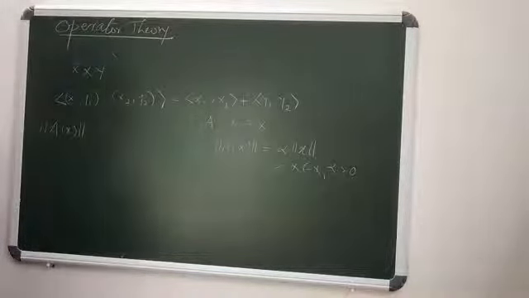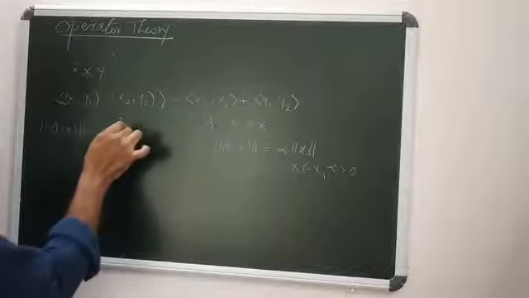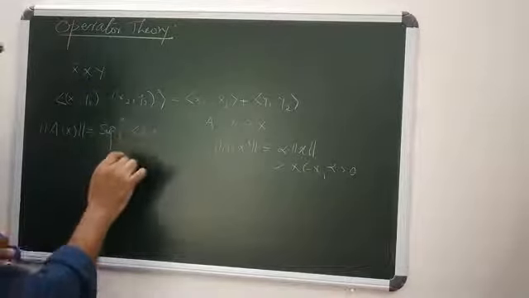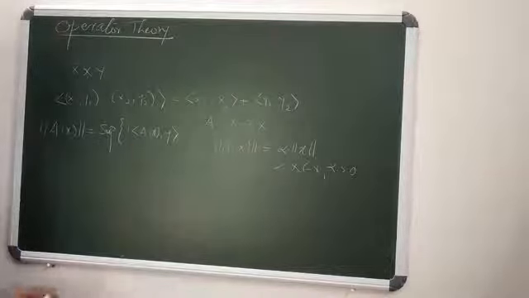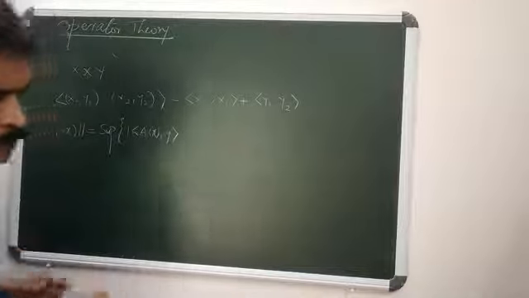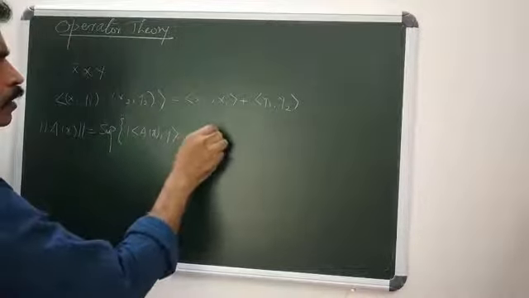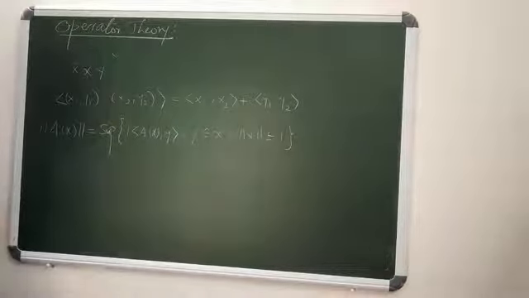Further, norm Ax is defined as follows. We know that it is a supremum: norm Ax equals the supremum of the modulus of inner product Ax, y, where y is in X with norm y less than or equal to 1. So norm Ax equals the supremum of the modulus of the inner product, which is less than or equal to norm Ax into norm y.